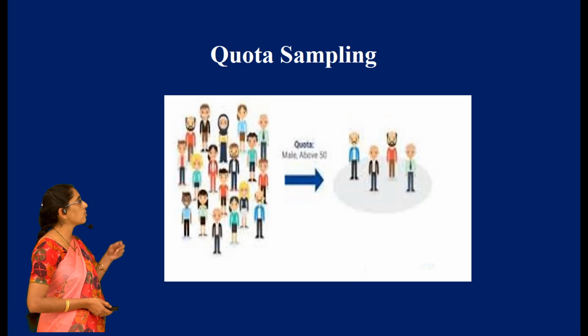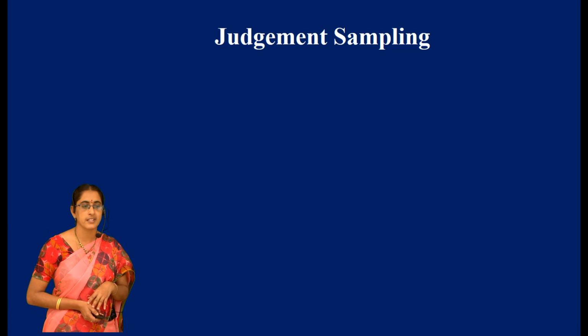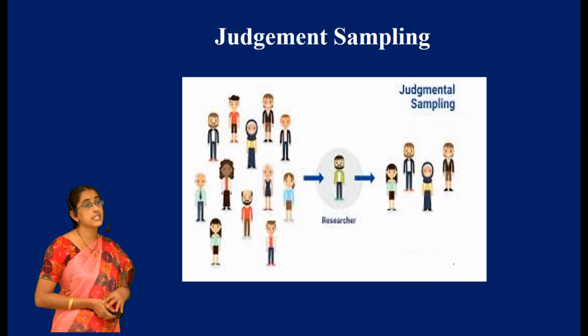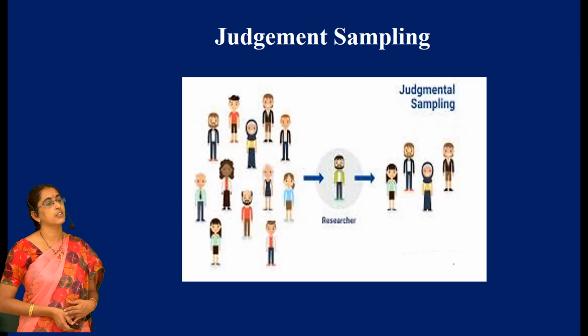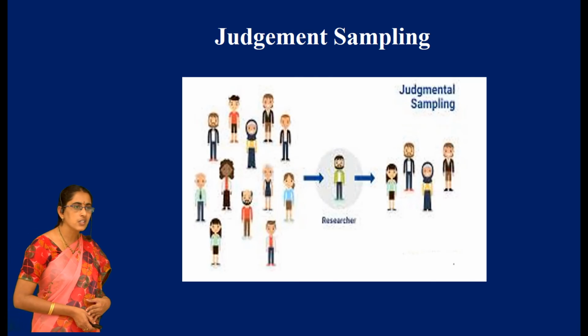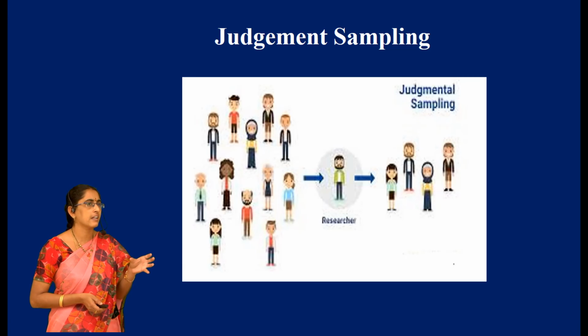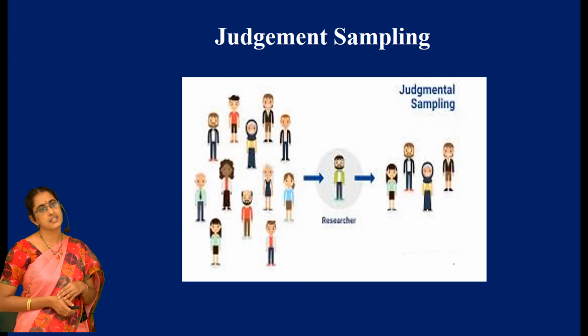Then the third non-random sampling technique is judgment sampling. Judgment sampling is also known as purposive sampling, which is a completely biased sampling technique, we can say. According to the researcher's convenience, even though that sample does not have all the characteristics of the research problem, the researcher selects the sample.